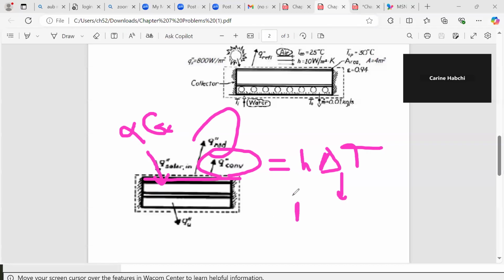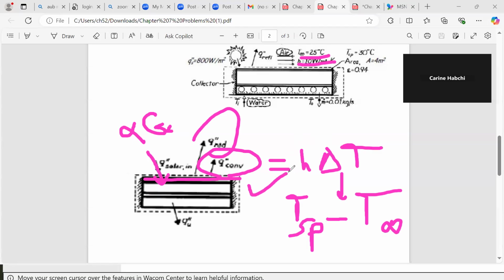The temperature at surface of my panel minus what? Minus T surrounding, very good. Minus T infinity, okay? And I have T infinity is given 25 degrees, and the convective coefficient with surrounding is also given.